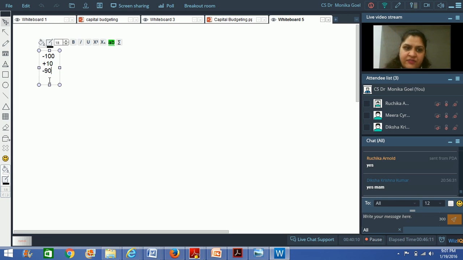So my cumulative is now minus 90. In the second year, I'm getting 60 rupees of cash inflow. So I write plus 60 here. Right? So this is my cumulative, if I write the period here.